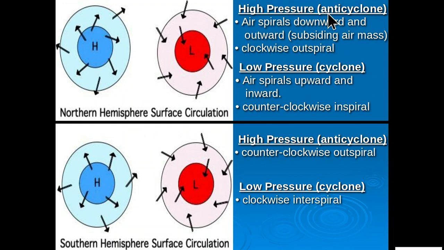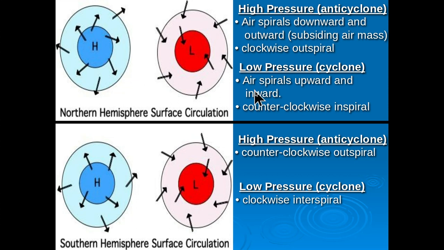High pressure systems are also known as anticyclones because we're now going to consider the Coriolis effect and how the Earth rotates. Looking at a high pressure system, we already know that it is subsiding, sinking air. So in the northern hemisphere, air in a high pressure system will spiral downward and outward, and this would be a clockwise outspiral.